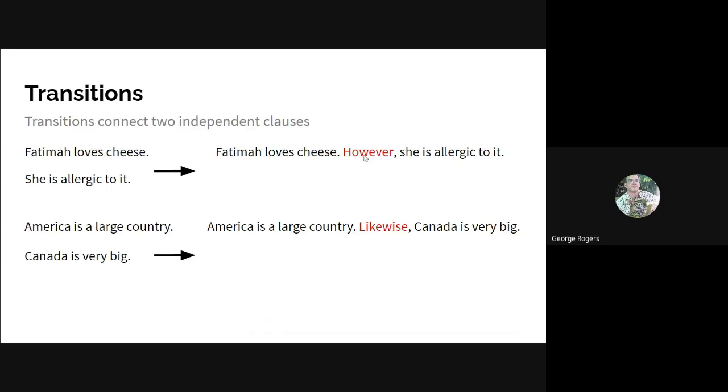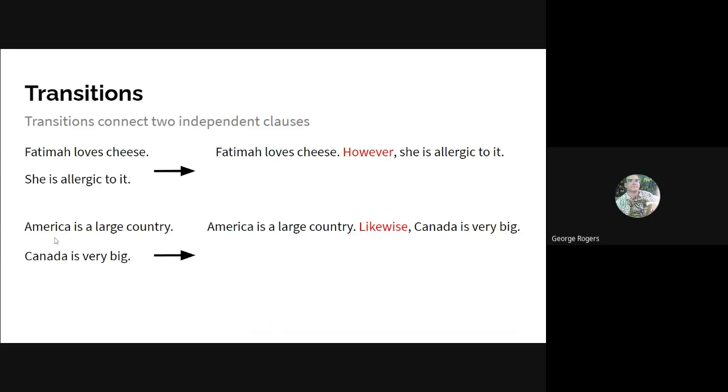So again, this is kind of saying a contrast here: she loves it, but however, there's a problem. She's allergic to it. She likes the taste, but it bothers her stomach, you might say. So this is a contrast. She loves cheese, but it causes her problems.